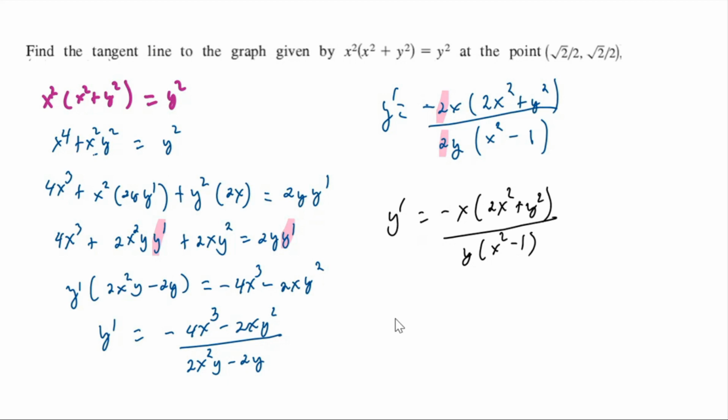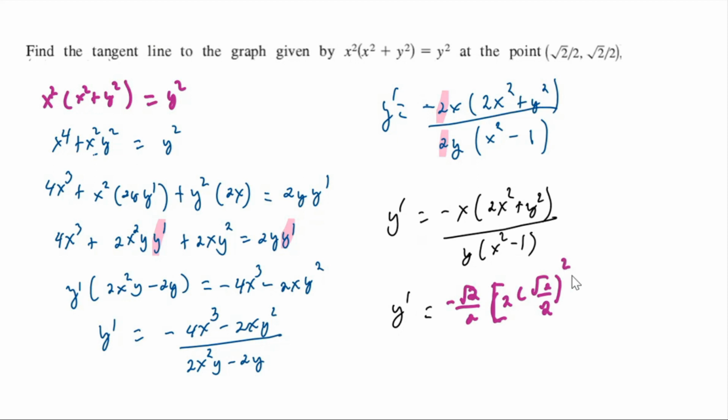So the value of the derivative now will be y prime equals, the value of x now is square root of 2 over 2, but you have a negative here. So I have negative square root of 2 over 2 times 2 times, I will use the bracket, square root of 2 over 2.